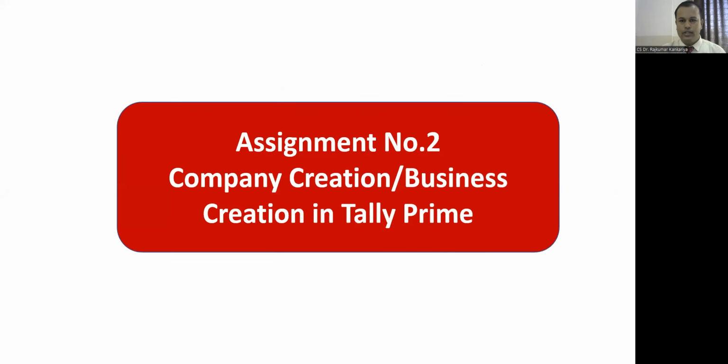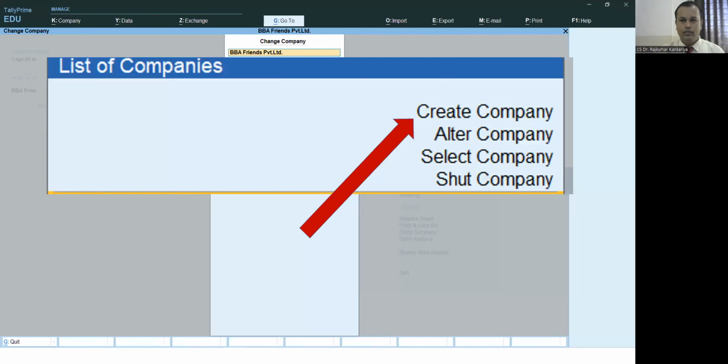Now let us move to assignment number 2, that is, as I said, company creation or business creation in Tally. So let me go to the software first, then we'll come to the steps. Steps are, when you open the software, you get the company information menu in which you need to select the create company option. There will be 4 options: create company, alter company, select company, shut company. Create company option allows you to open a new business in Tally.